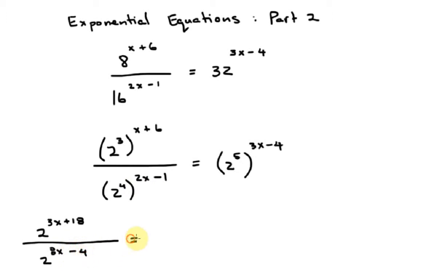All right, and over on this side, I'm going to have 2 to the 5 times 3x, so that's 15x, and then minus 20. Okay, this one has one little added twist, and that is over here, I still got to process this mess. How do I process this mess?